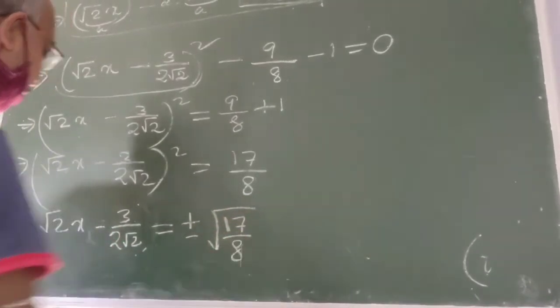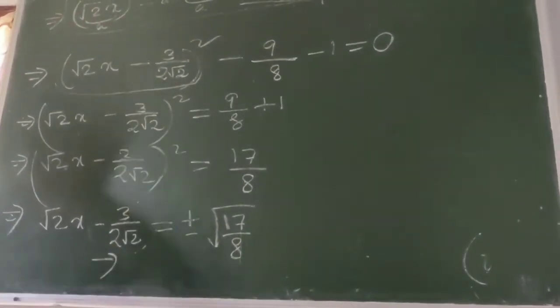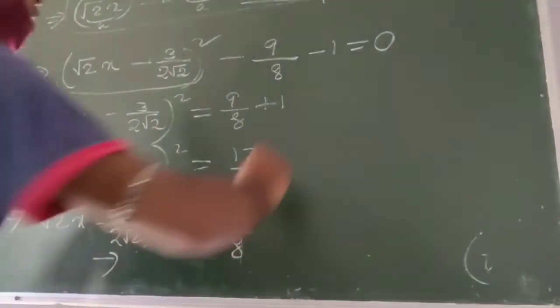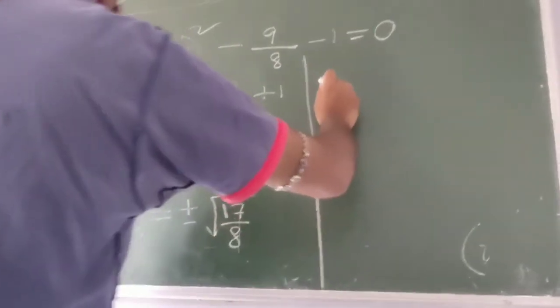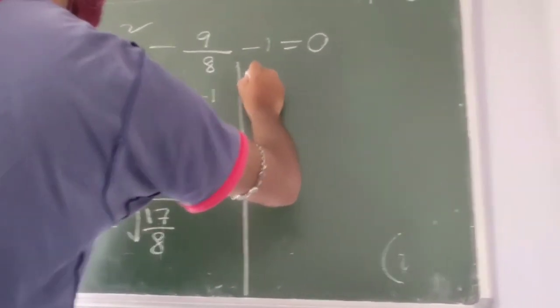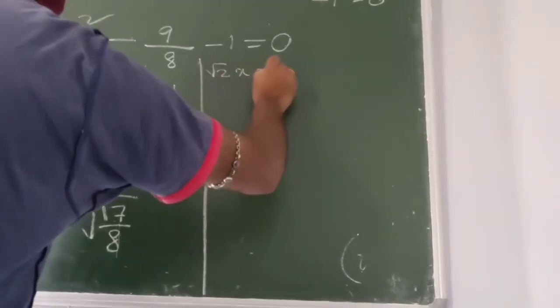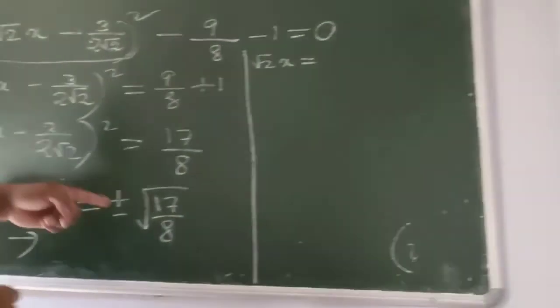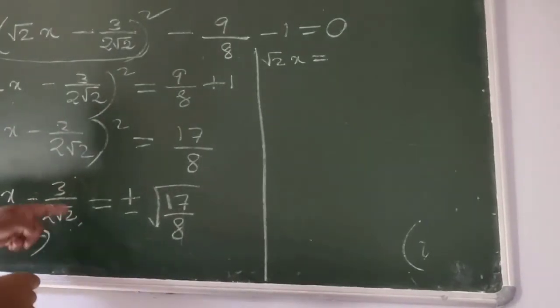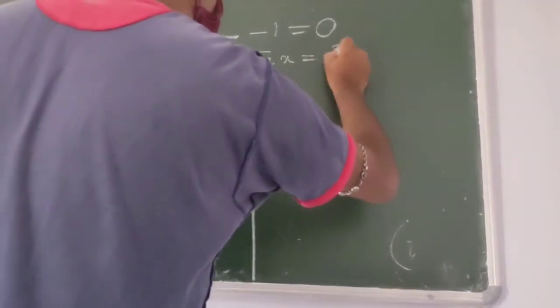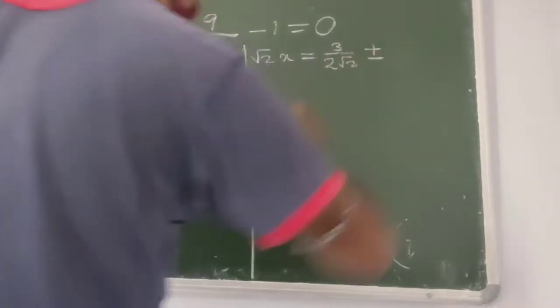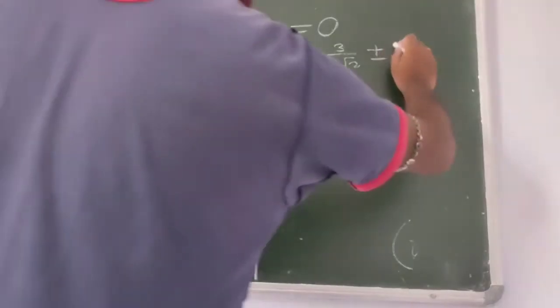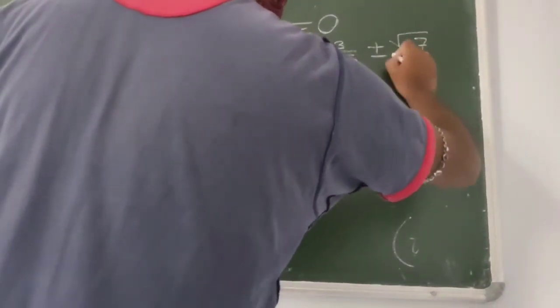Now this will go this side. So that's why, let me write it here. I hope you will understand it. So what is root 2x equal to? It will go this side, minus become plus, 3 by 2 root 2, plus minus root 17 is root 17 and root 8 is 2 root 2.